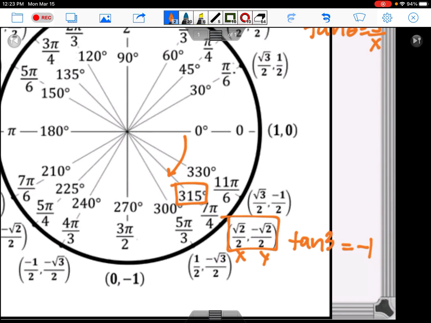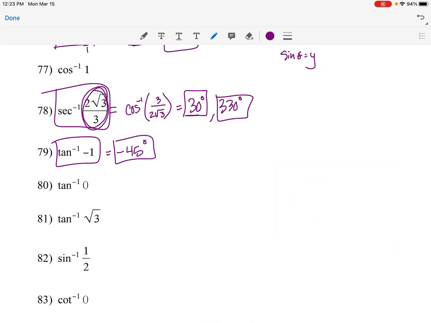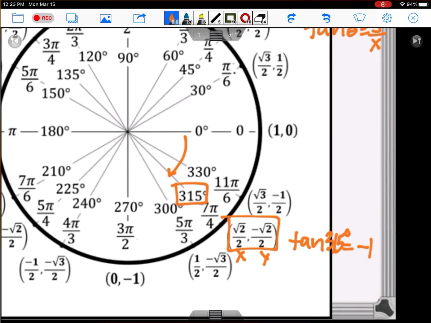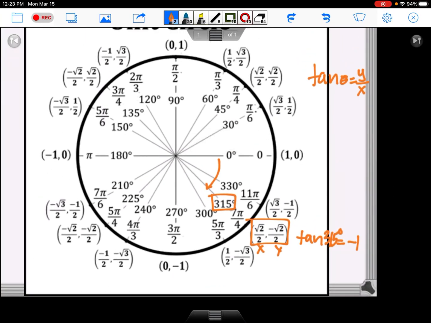And we can actually use 315, because that's a coterminal angle. So 315 is one of our answers. Is there anywhere else on the unit circle that has the same tangent? If you divide the x and the y, it's going to equal -1.